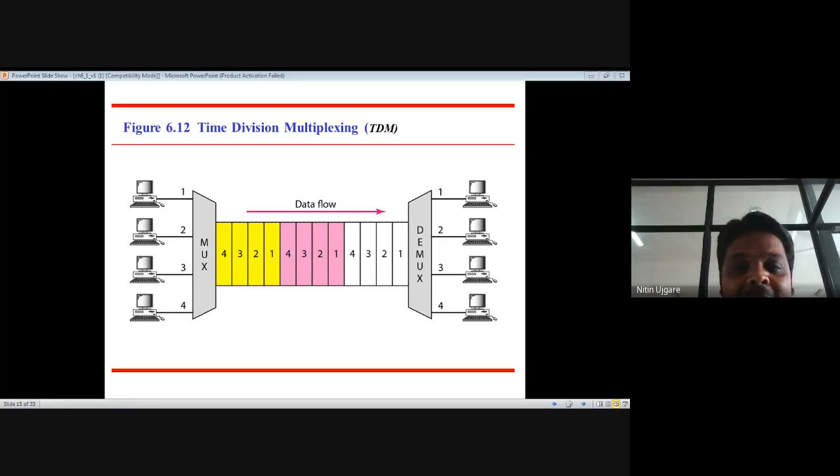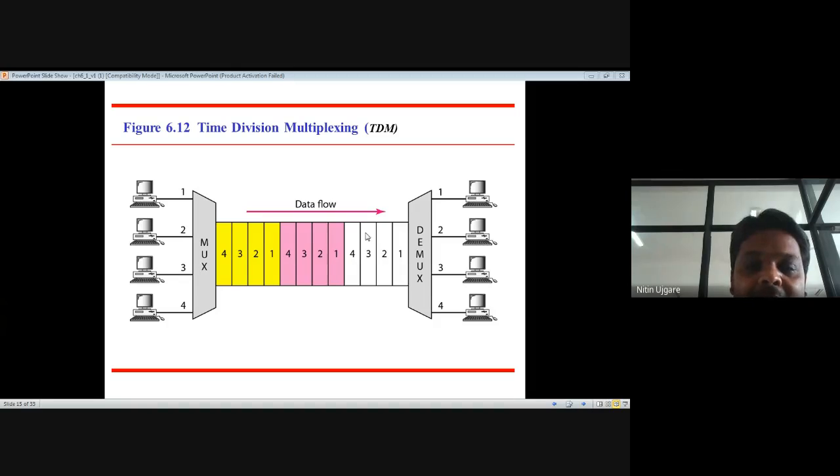What it means is that TDM is the digital multiplexing technique for combining several low rate channels into a high rate one. Instead of sharing the bandwidth of this link into different channels, now we are using the time of this link.